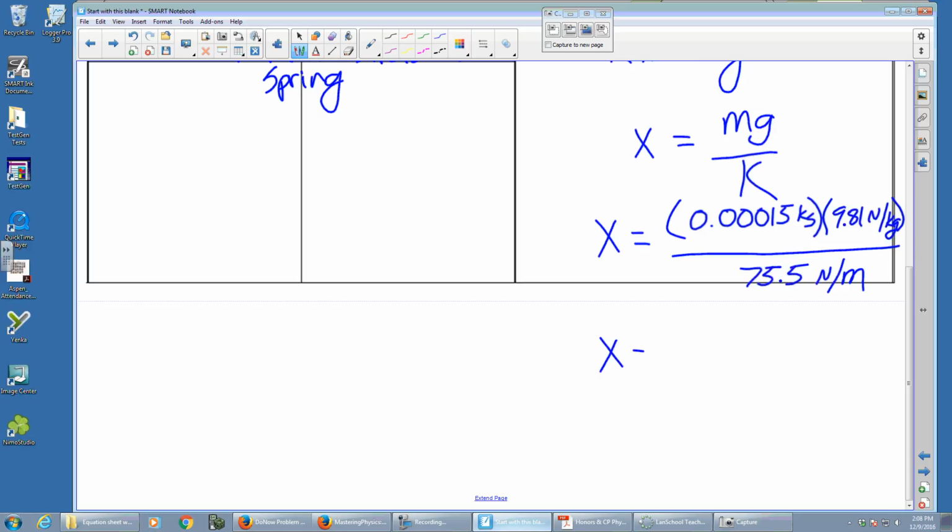Oh, and I can find X. And it'll be in meters. Let's see what I get.